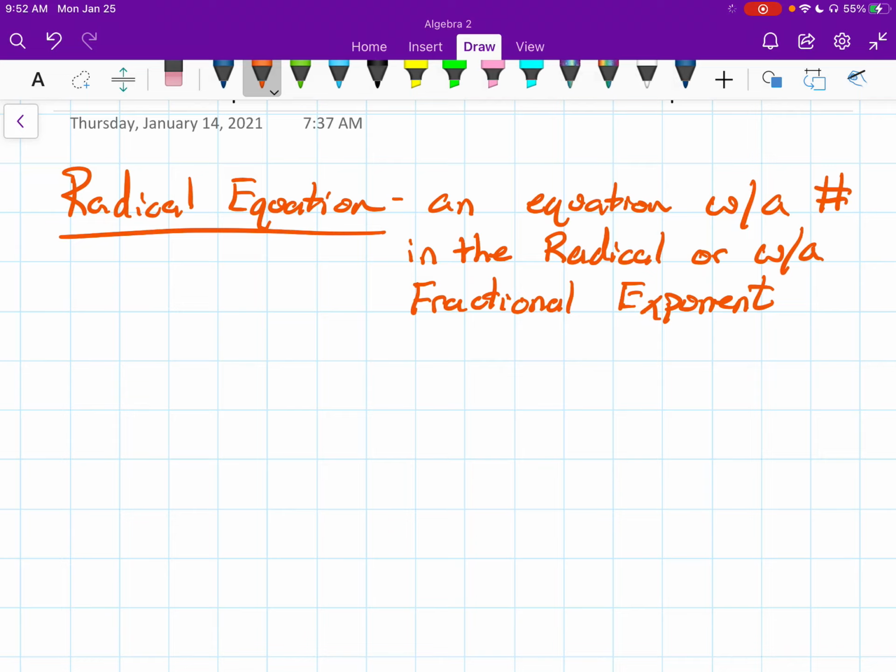We have special radical equations. We'll say the square root equation, or something that falls in the category of a square root equation.